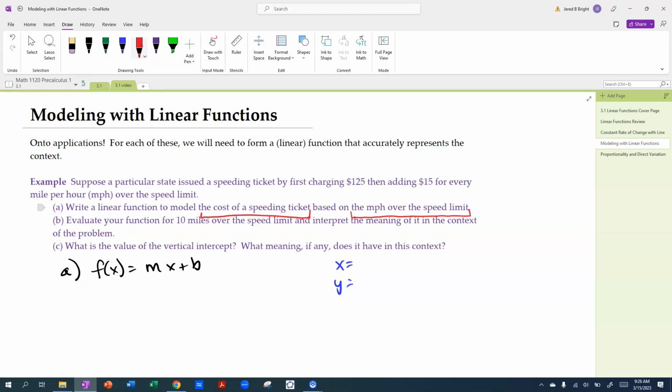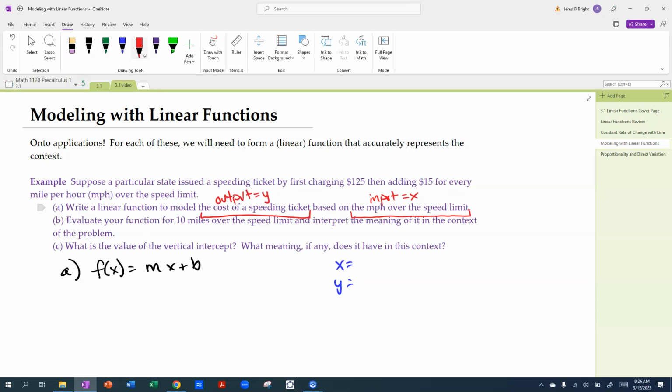This language, based on, is super critical, because what that's telling me is that the cost of the speeding ticket is computed only if I know the miles per hour over the speed limit that I'm going. So this is my input, this is my x. I have to put this into the model in order to be able to calculate the cost of a speeding ticket. So this is what I get as my output, my y value.